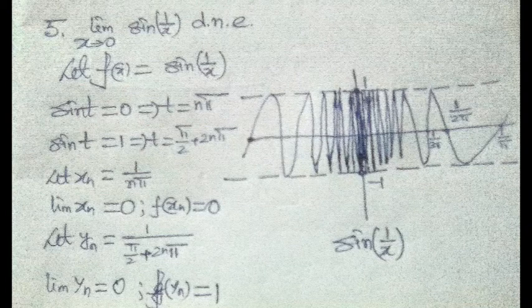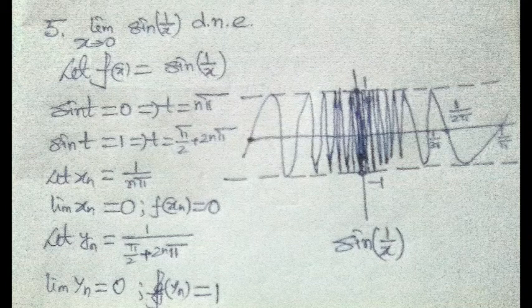So in this case, we have to consider two nice sequences. First of all, xn is a sequence of the form 1/(nπ) and yn is the sequence of the form 1/(π/2 + 2nπ). So easily the limit of xn is 0 as n tends to infinity, and the limit of yn is also 0 as n tends to infinity.